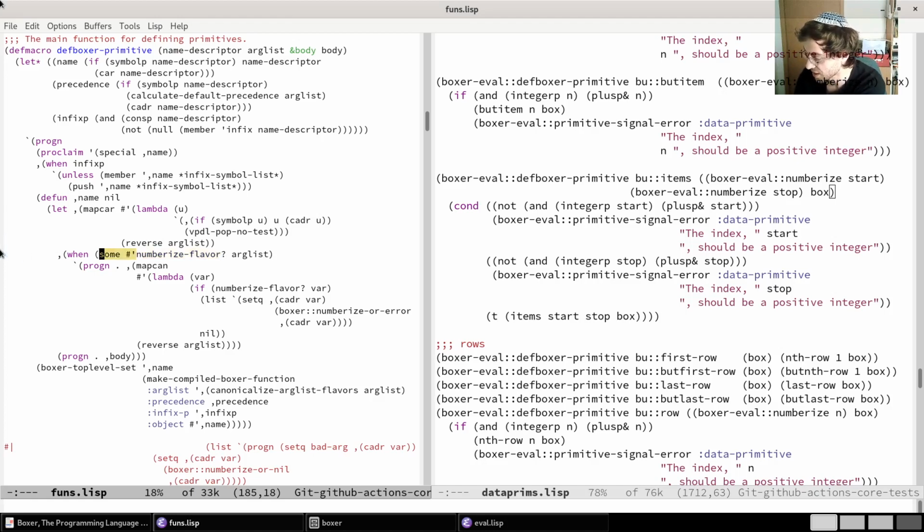Okay, this is actually more interesting. Where some of the arguments have these number flavors, we generate slower code that does if checking for which numbers need to be treated in this way. When none of them are handled like that, we omit this piece of code entirely. This is hard to read, but it is a dense and powerful notation for describing abstract syntax tree transformations, for transforming the code as you want to write it.